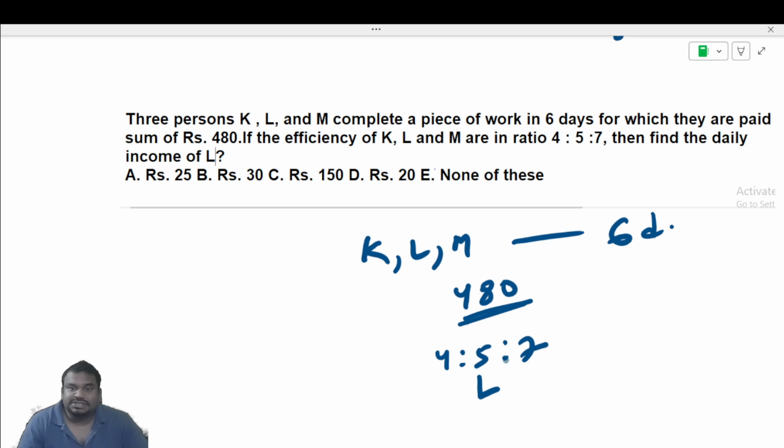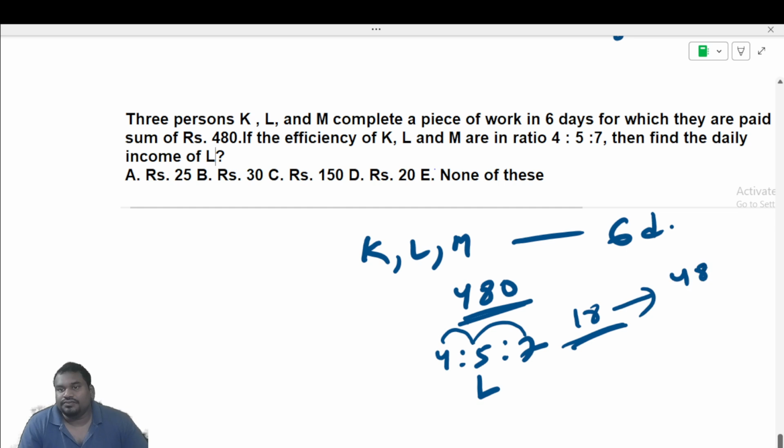As per their efficiency, how many units are there in total? 4 plus 5, 9. 9 plus 7, 16. 16 parts there. For 16 parts they are paying 480. See, in the question, find the daily income of L is asked.